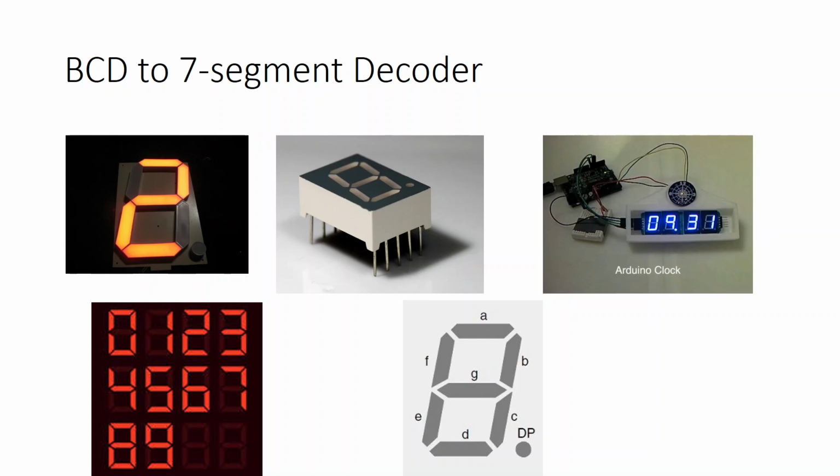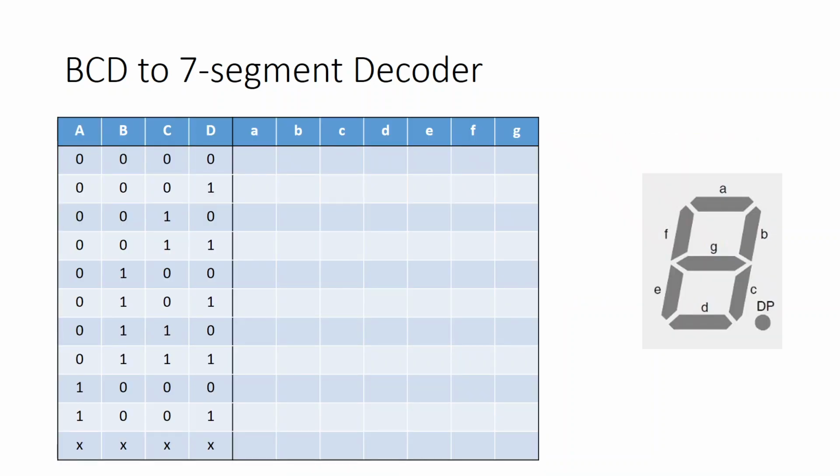Normally, in this particular configuration you see at the right, the LEDs are named A, B, C, D, E, F, G, and DP is the decimal point. Sometimes it is used, but for our case we will not use it. So we have A, B, C, D, E, F, G, all these 7 segments.